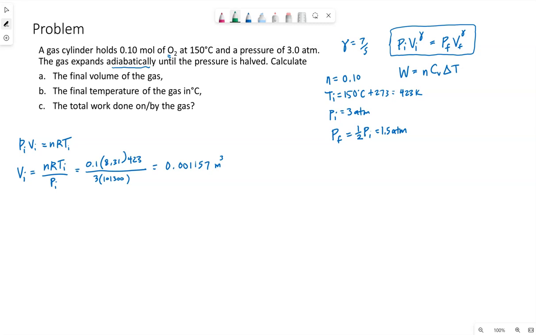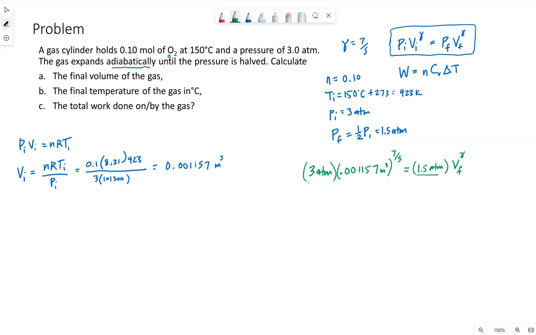The initial pressure is 3 atm, and you'll see in a second why I'm just leaving it as atm. V initial we just calculated. This has to be taken to the gamma power. That will equal our final pressure times our final volume to the gamma power.